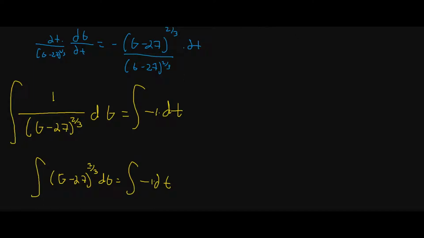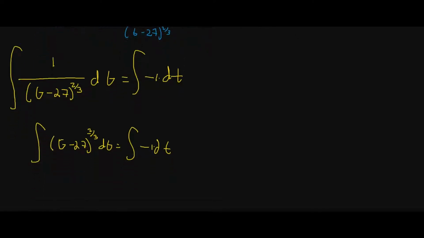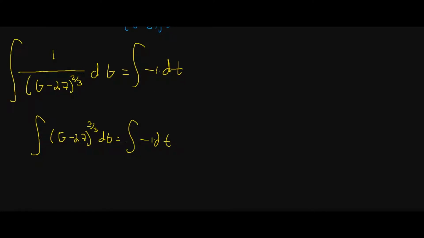All right. Now that we've got that there, my friends, let's go ahead and take the antiderivative. So this will be g minus 27. We're going to add 3 over 3 to the exponent, so this becomes 1/3, and we're going to divide by that because it's the antiderivative. Good. What's the derivative of the inside?